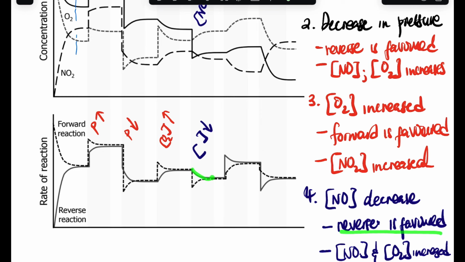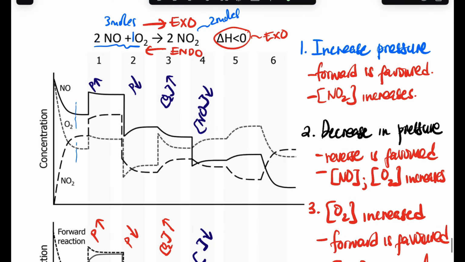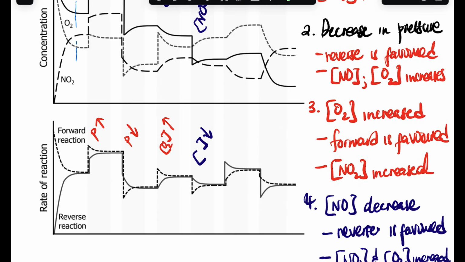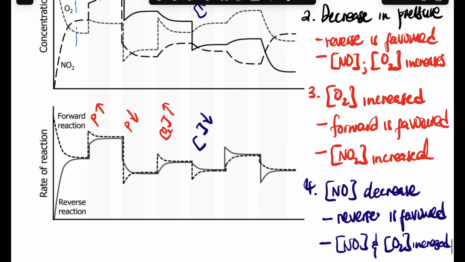When reverse is favored, it simply means that the concentration of nitrogen oxide was decreased and the system responded by increasing both reactants. That means the reverse is favored, right? So here it simply tells us the reverse is favored because it decreases less, right?